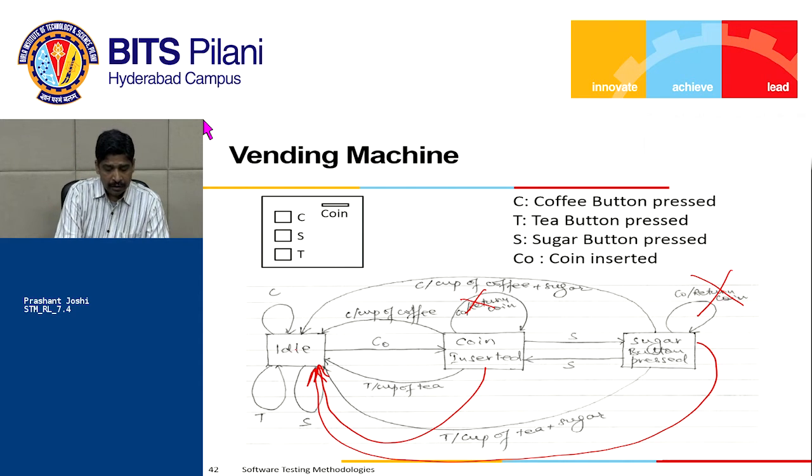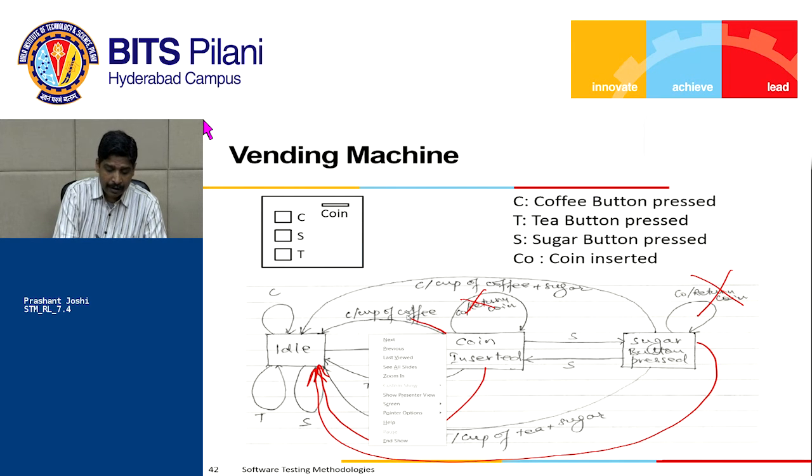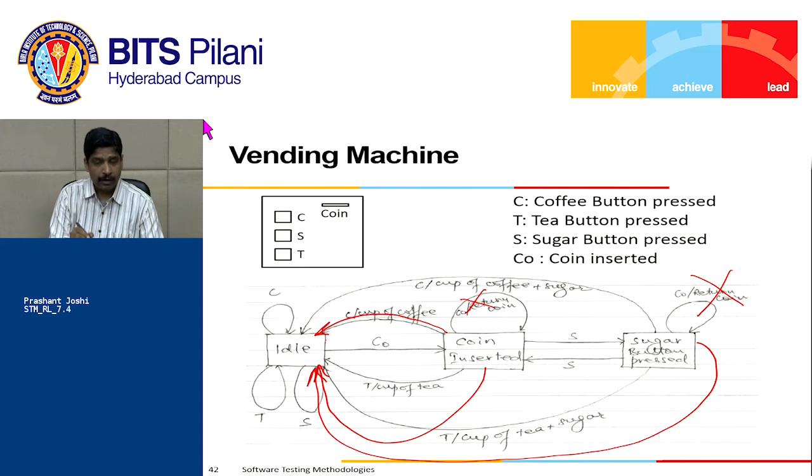So in idle, coin is inserted. We move to coin inserted state. After coin is inserted, I could ask for a cup of coffee. So my assumption is that I have first asked for a cup of coffee. Then the only thing that happens is I get a cup of coffee, coin is consumed, and I return back to idle. If I ask for tea, it returns to idle by providing me a cup of tea.